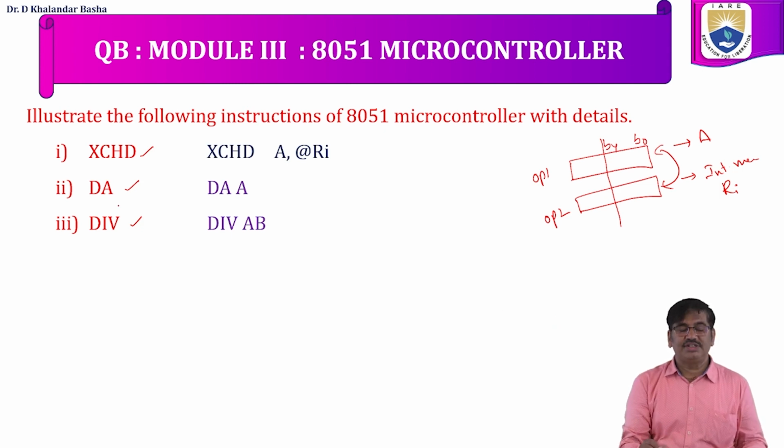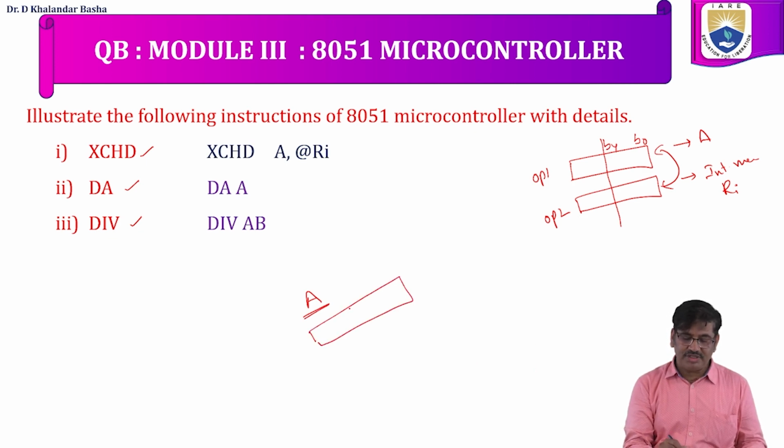The next instruction is DA, which is decimal adjust after addition. This decimal adjust after addition will be executed after the ADD or ADC instruction, and the result should be there in the accumulator. This instruction is used to convert the hexadecimal data into a packed BCD number. Whatever the accumulator content is after addition, first it will check the lower 4 bits.